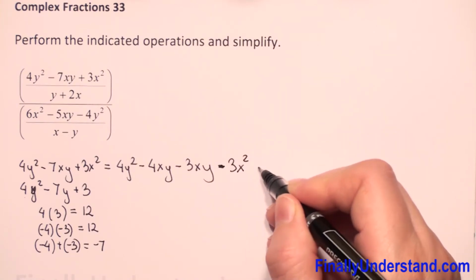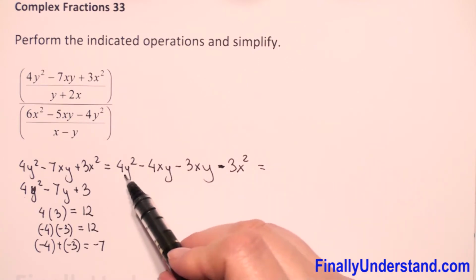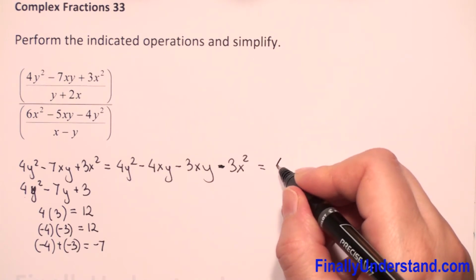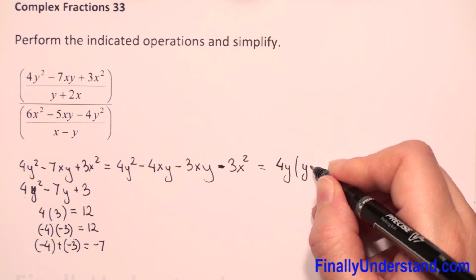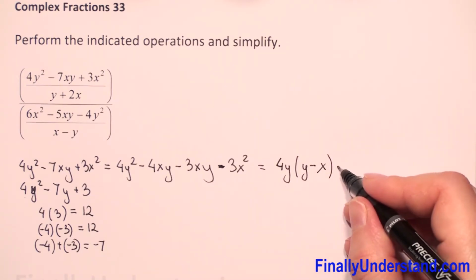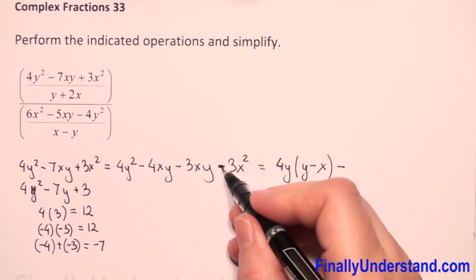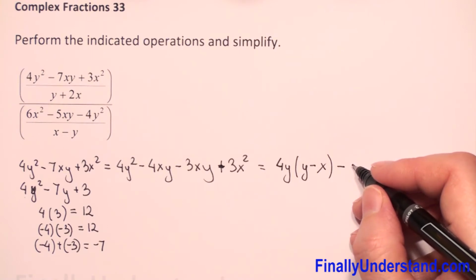And now I have to copy 3x squared, and we have 4 terms, so we can try to factorize 4y squared minus 4xy. So I will factorize 4y, and in parentheses will be y minus x. From the last two terms I will factorize negative 3x, of course I have to put here plus.